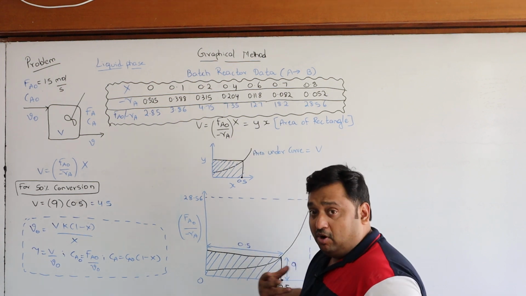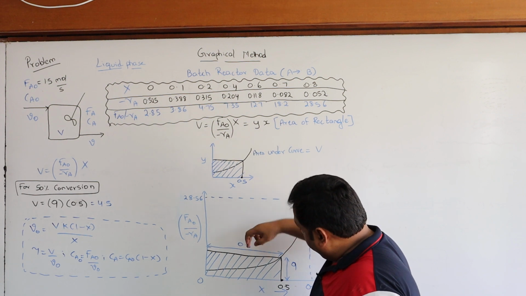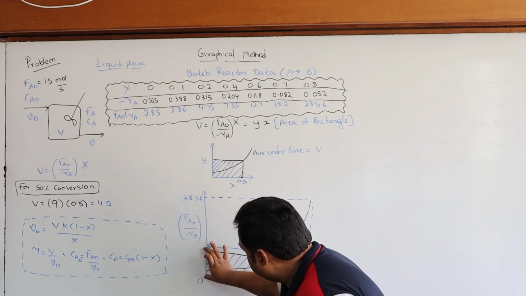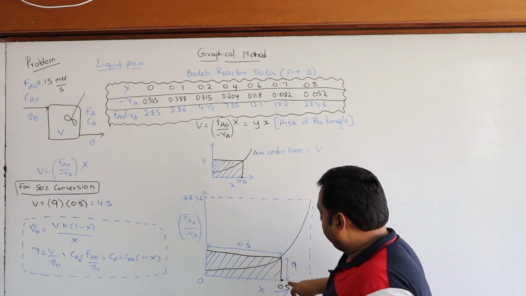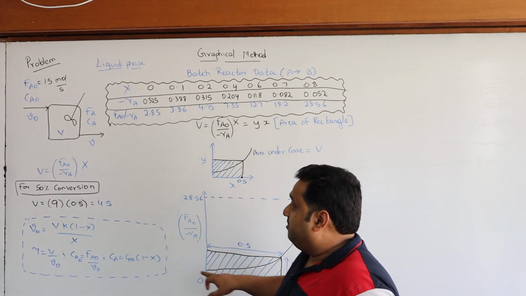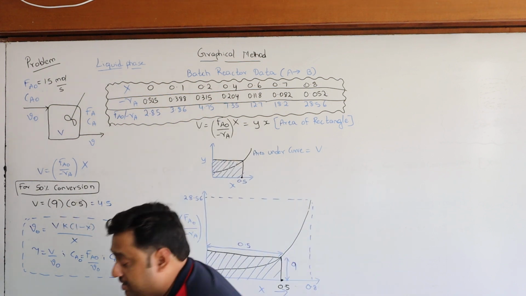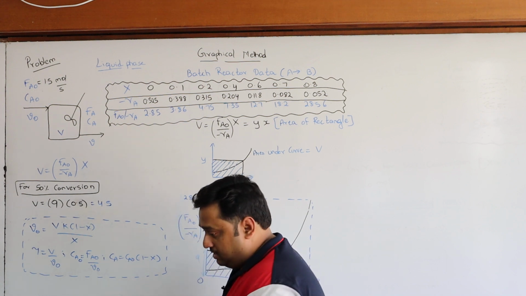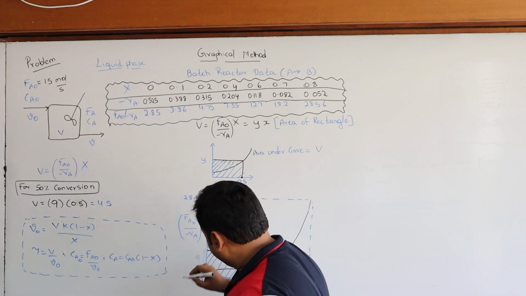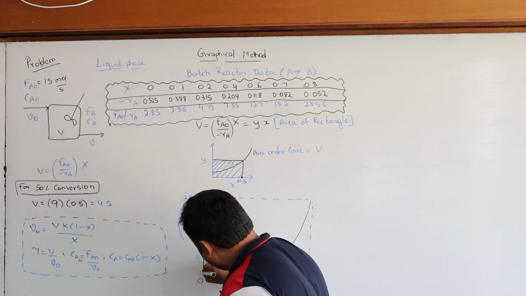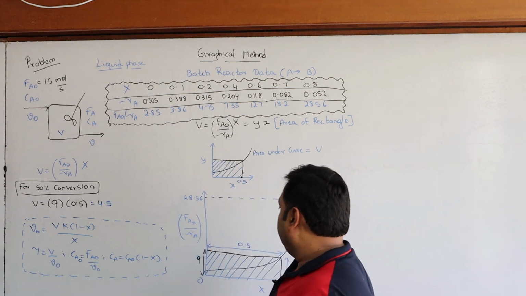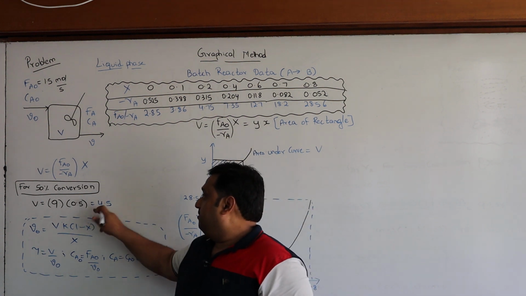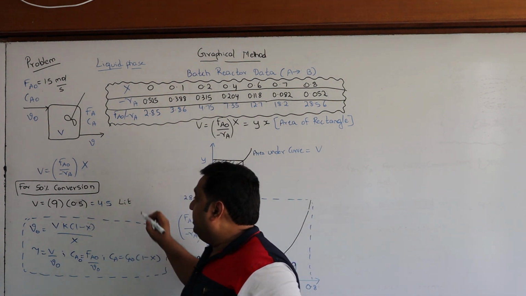If you plot the graph, this length of Fa0 by minus Ra comes to be around 9, and this length is 50% conversion, that is 0.5. Multiplying 9 into 0.5 gives the volume, 4.5 liters.